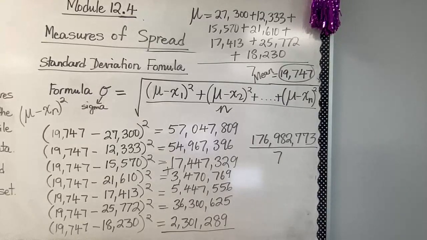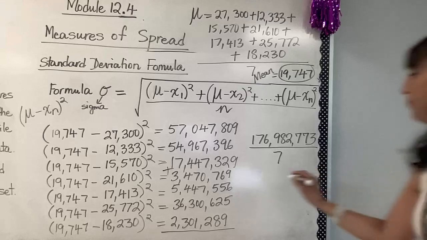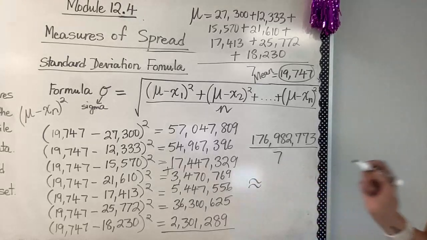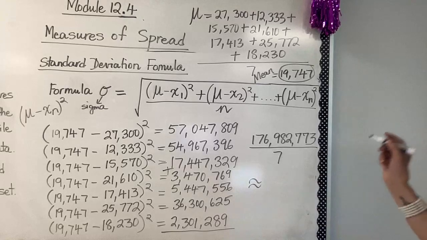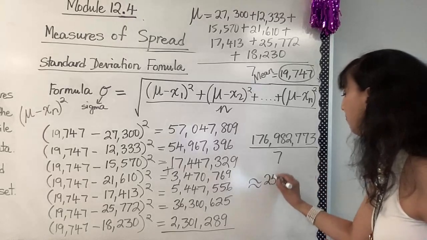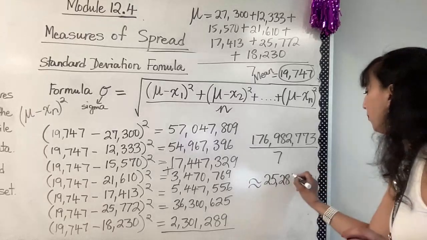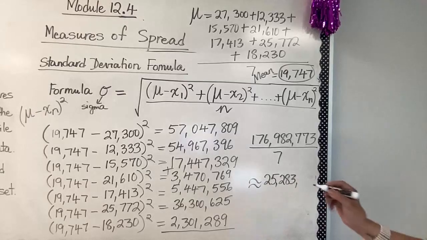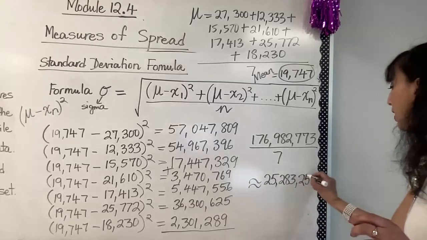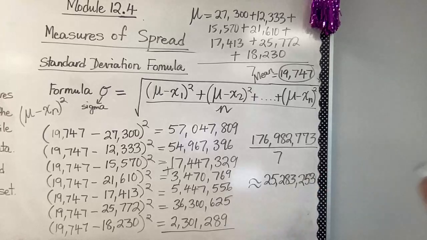And so I get approximately 25,283,253. This is what I get.